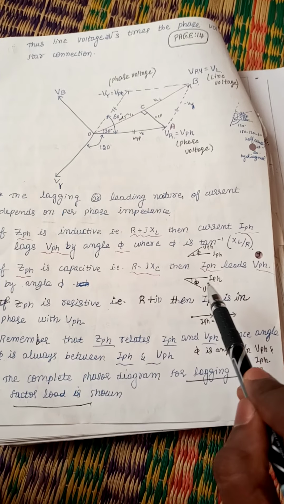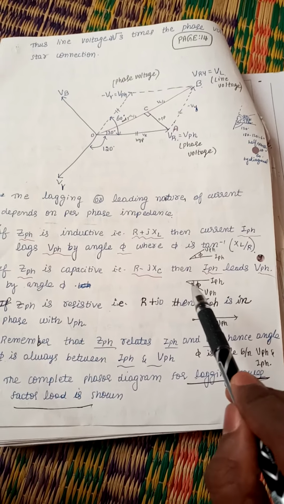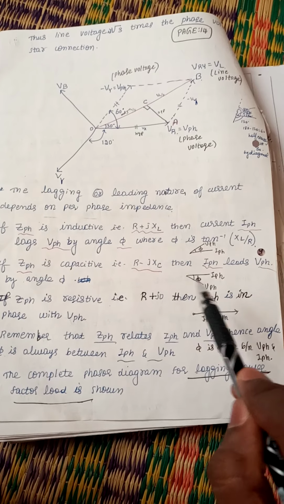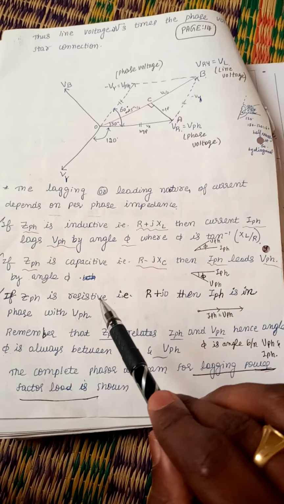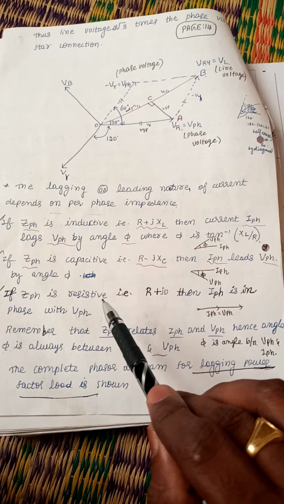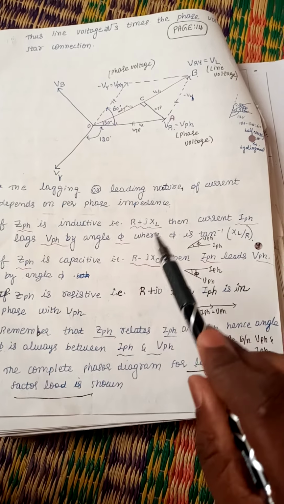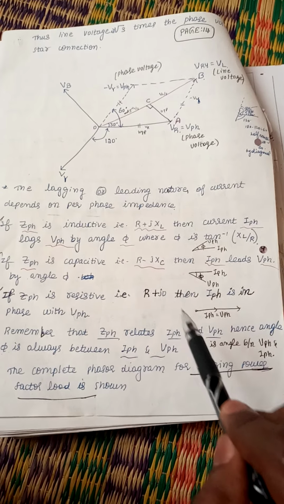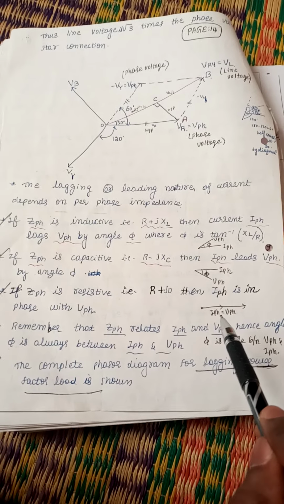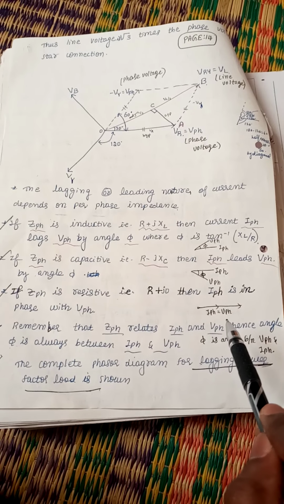There the current leads voltage by an angle of pi. If your circuit is a resistive circuit, then the reactance value will be 0. Therefore, both voltage and current will be in phase.